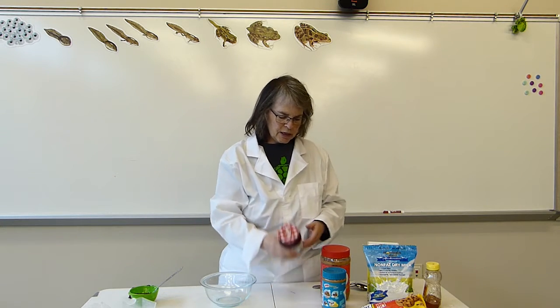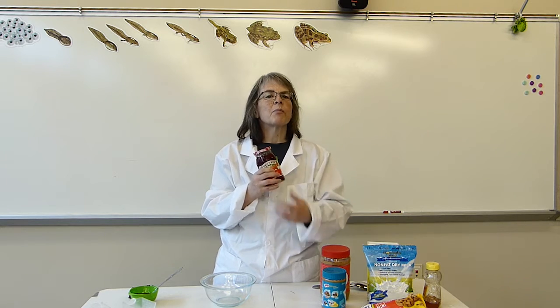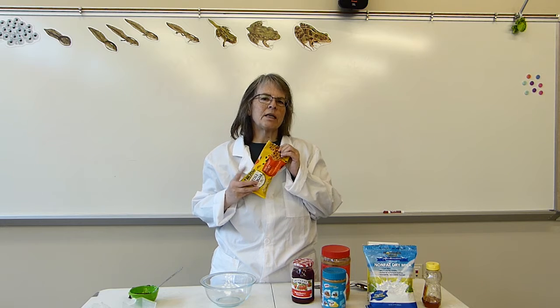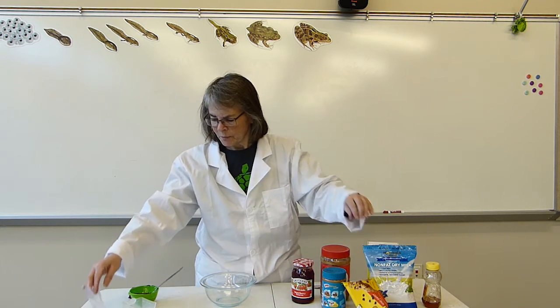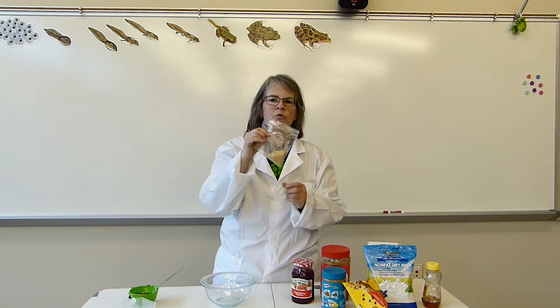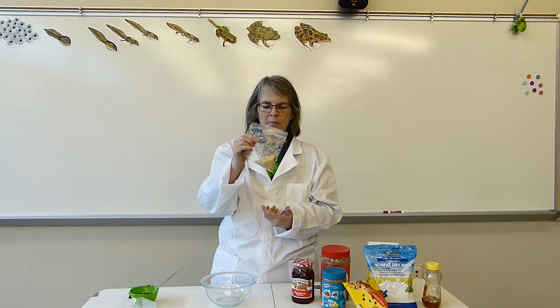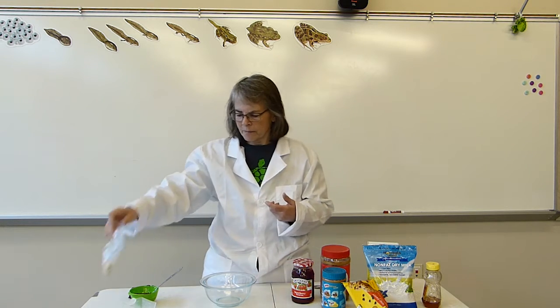Other things we're going to need is strawberry jam or jelly, or raspberry, some type of red jam or jelly. We're going to need some chocolate chips. We're going to need some crushed cookie. It can be Oreo cookies, these happen to be vanilla wafers, it can be graham crackers, so some type of crushed cookie.